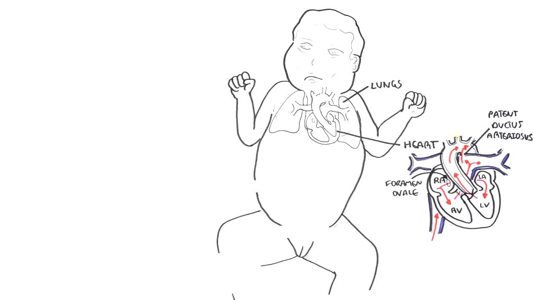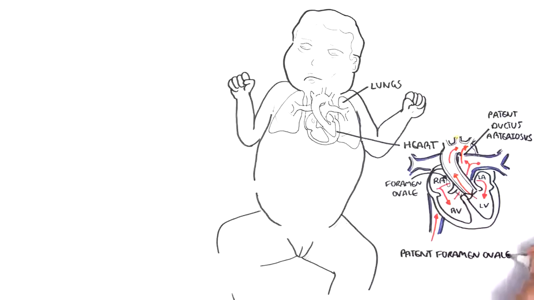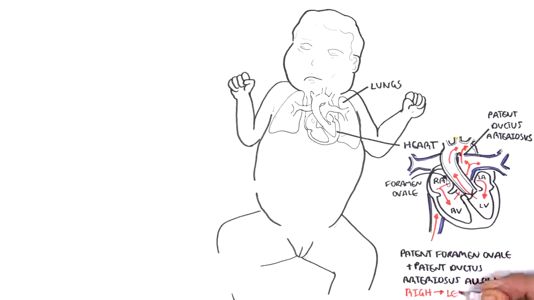The blood can bypass the lungs because there is a lot of pressure in the fetal lungs, and so blood can actually easily go into the aorta. The patent foramen ovale and patent ductus arteriosus allow a right to left shunt, which means blood normally entering the right side of the heart can easily be shunted to the left side of the heart, bypassing the lungs.